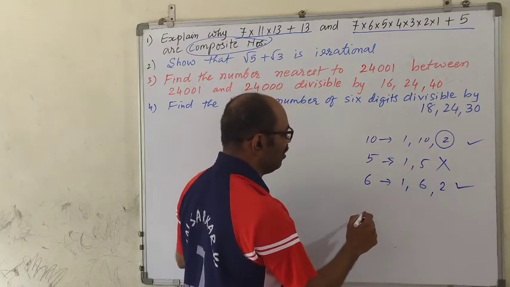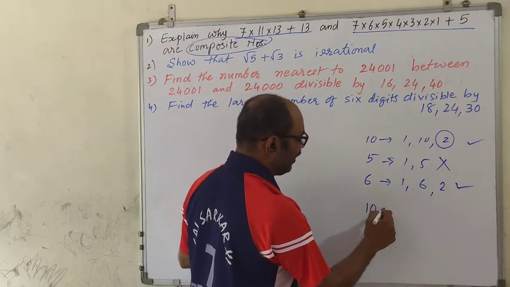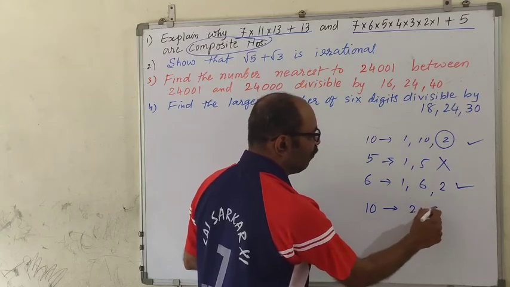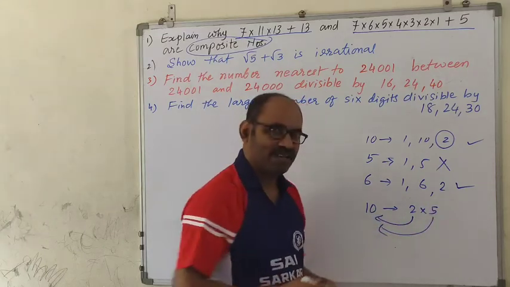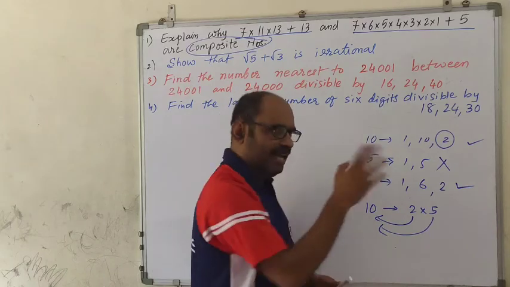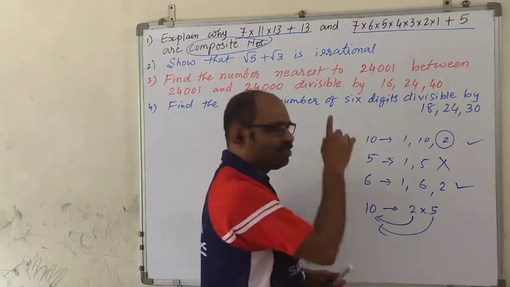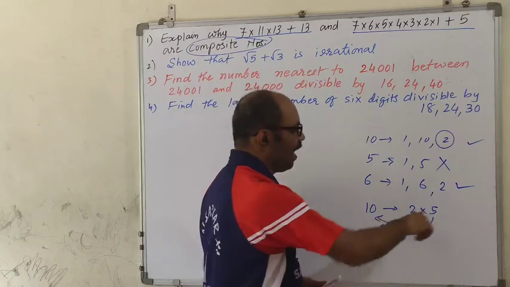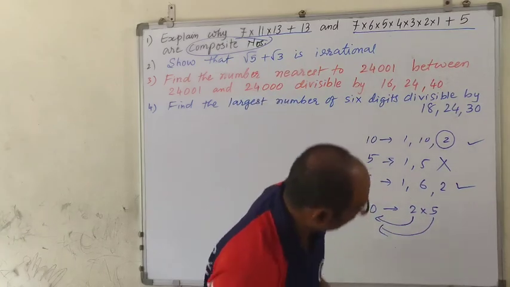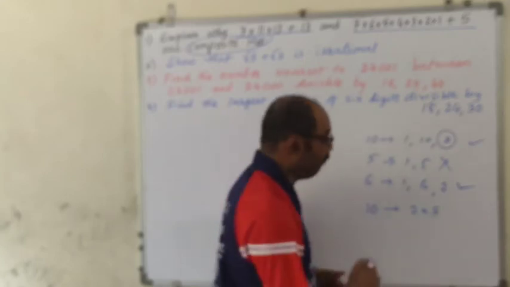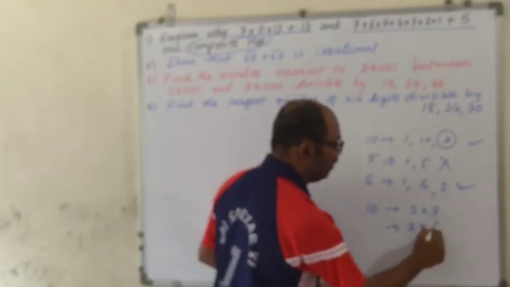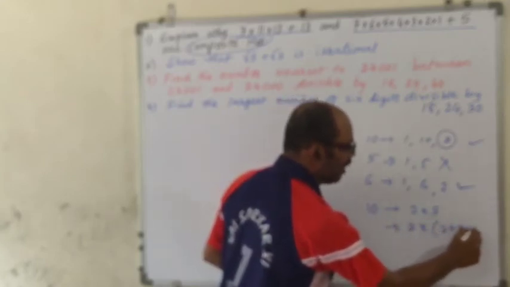Now look, children, 10 can be written as 2 into 5. So 2 is a factor of 10, 5 is also a factor of 10. We can say 1 and 10 are there anyway, but 2 is also a factor, so we got the third factor. 5 is the fourth factor. Are you getting me? Now instead of 5, if I write 2 plus 2 plus 1.